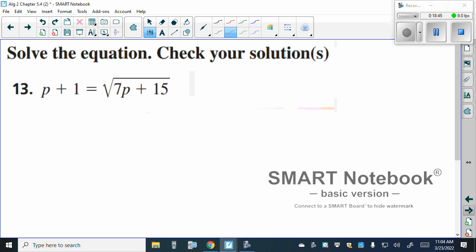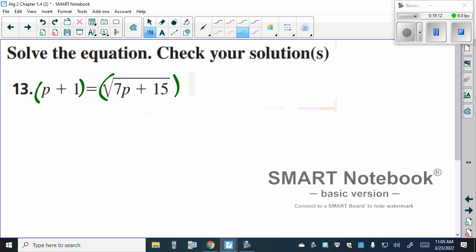Let's look at this one here. This one's different because we have a variable and a number, yes? And with all of these here, again, we want to make sure the radical is by itself, or we can even them out. Is the radical by itself? So what was our next step? Put both sides to the nth power, yes?